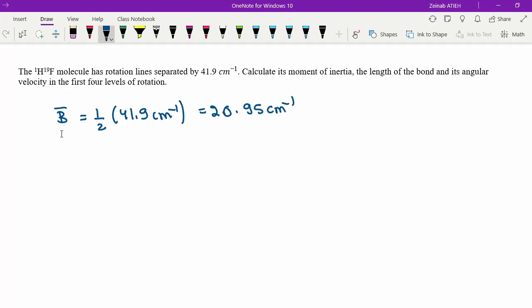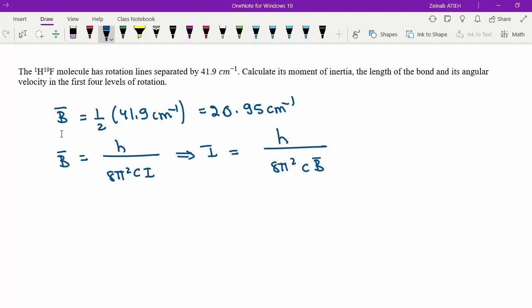Now we have found b bar, we are able to find I. So remember that b bar is equal to h over 8 pi squared c I, implies I is equal to h over 8 pi squared c b bar. You have everything, put everything in SI units, and you will end up with 1.335 times 10 to the power minus 47 kilogram meter squared. So this is the moment of inertia.